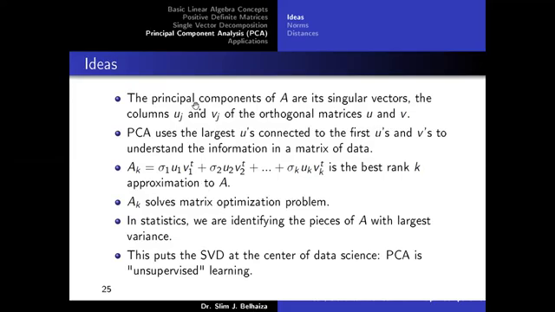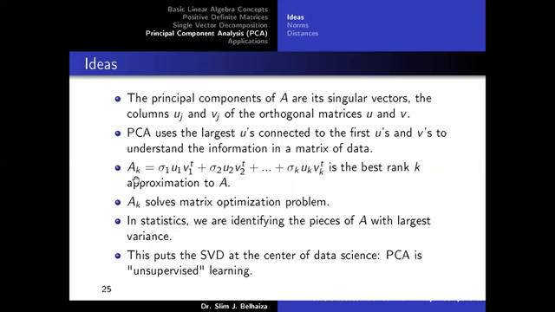What defines principal component analysis is based on singular value decomposition. We say that the principal components of A are, in fact, its singular vectors, left or right, U's and V's. And what we call, in abbreviation, PCA, for principal component analysis, uses the largest singular values connected to the U's and V's in the matrix.